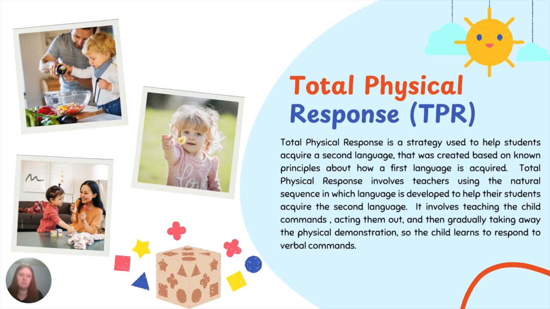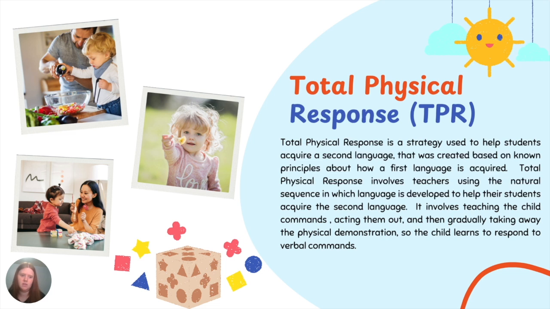Total physical response is a strategy that is used to help students acquire a second language. The people who created this strategy based it on the way that children acquire their first language when they're first learning how to speak and how to communicate. TPR involves teachers using the natural sequence in which language is developed to help their students acquire the second language.